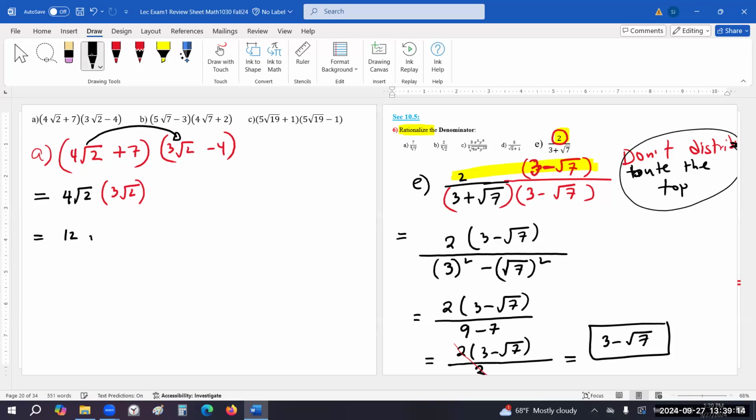It's 12, but how many times do you see root 2? It's root 2 squared. That cancels out. We multiply, we get 24. So that's the first term. But you're not done, right? We have 3 more terms to go. Try the next one.